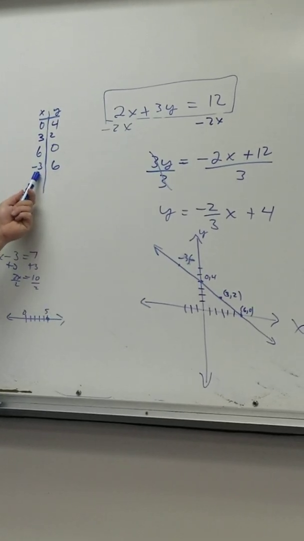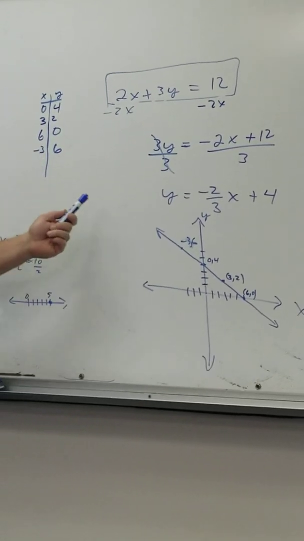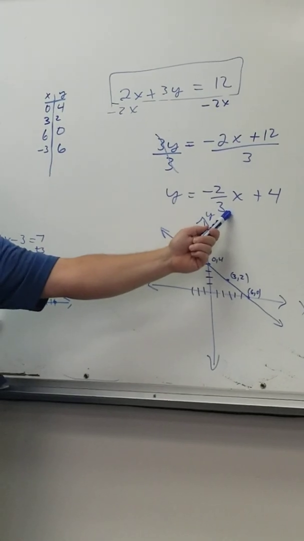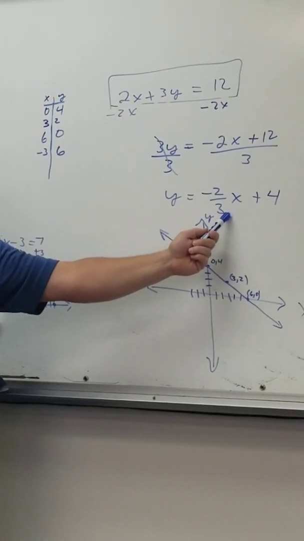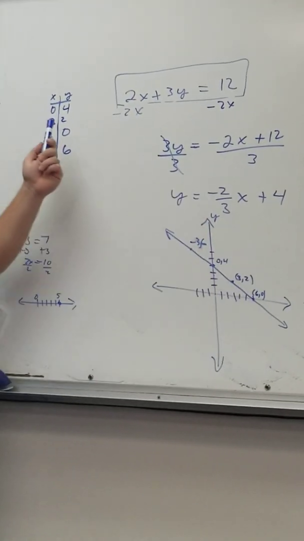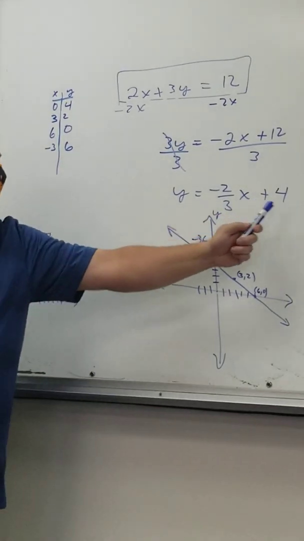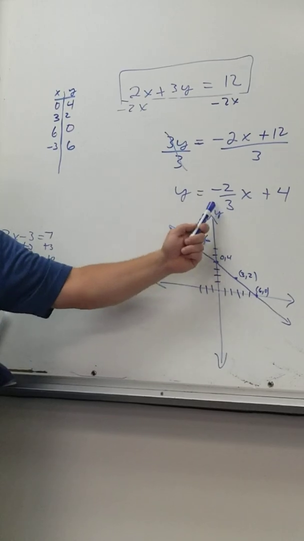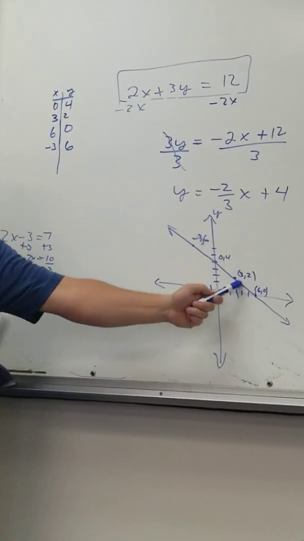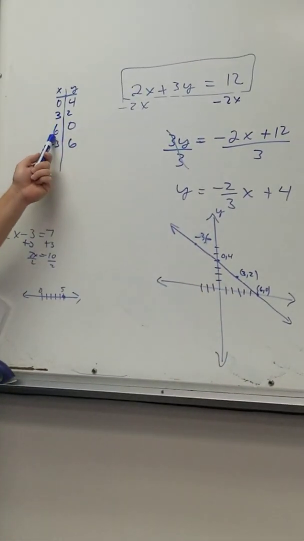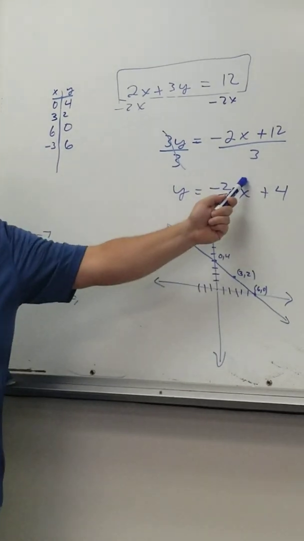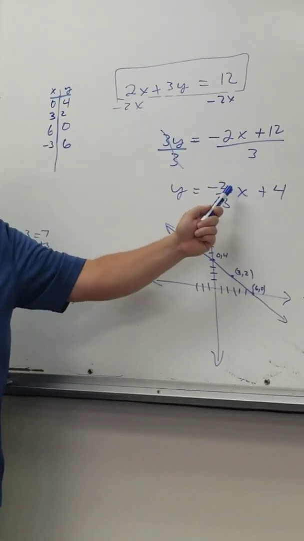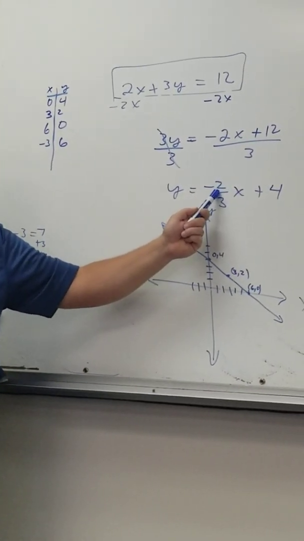What numbers did I pick every time? Multiples of what? 3. Could I have plugged them into this equation? Yeah, it would have been way easier. Think about this. 0, 4. 3, divide those out. Negative 2 plus 4, 2. 6. 3 divided into 6 twice. 2 times negative 2 is negative 4.